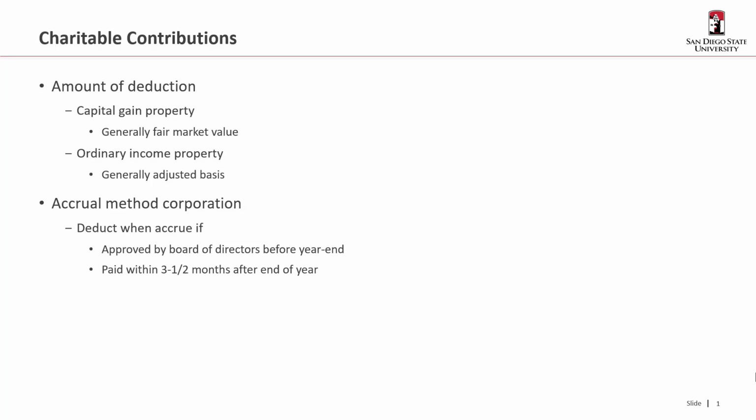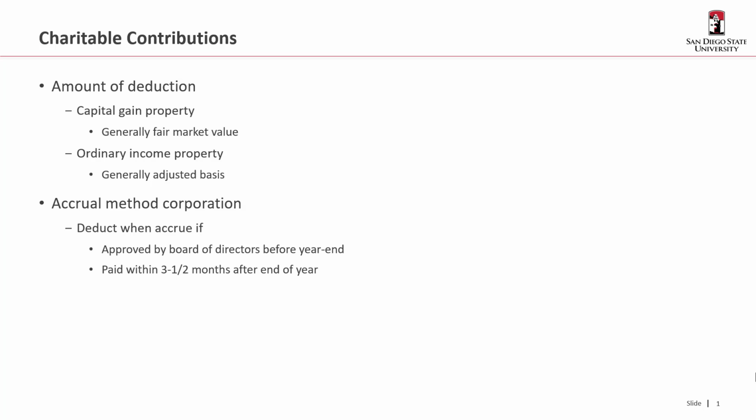If, on the other hand, it's ordinary income property, and the primary source of ordinary income property being donated by a corporation is inventory, then that donation is valued at the adjusted basis of the inventory, whatever that is. Okay, so obviously if it's cash, then it's just the amount of cash.